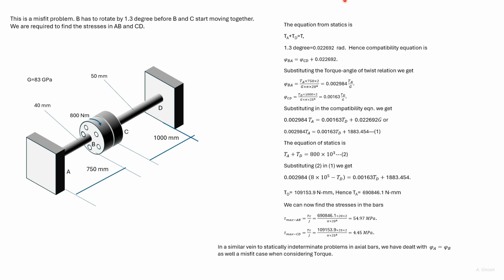So here we have two unknowns, and we have one equation from statics and another equation from compatibility. We now find phi BA in terms of TA and G, and phi CD in terms of TD and G, though we are given G.